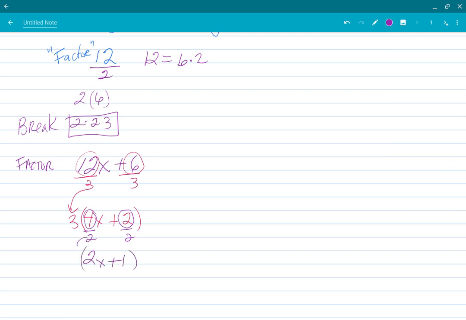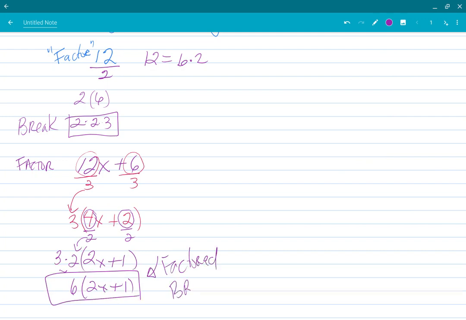Now this 2 has to come out to the front, but there's also a 3. So these two have to multiply together, which will be 6 times 2x plus 1. Now this is factored. It's broken apart as much as it can be.